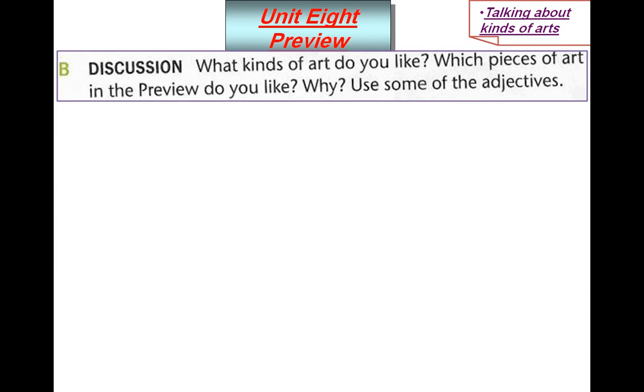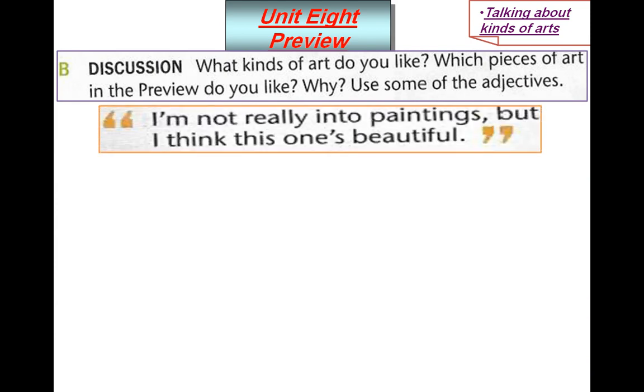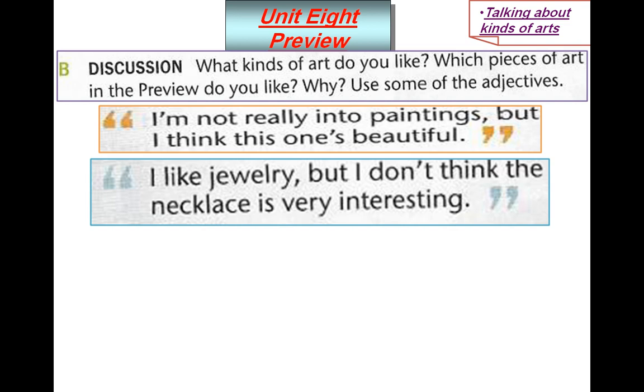I am not really into paintings means I don't like it. But I think this one's beautiful. So I am not really into something means I don't really like it. I like jewelry, but I don't think the necklace is very interesting.